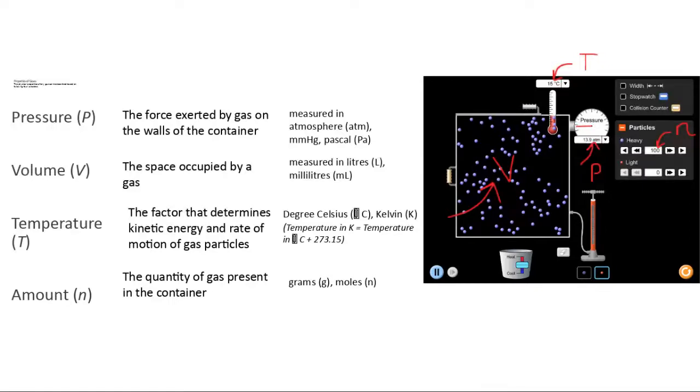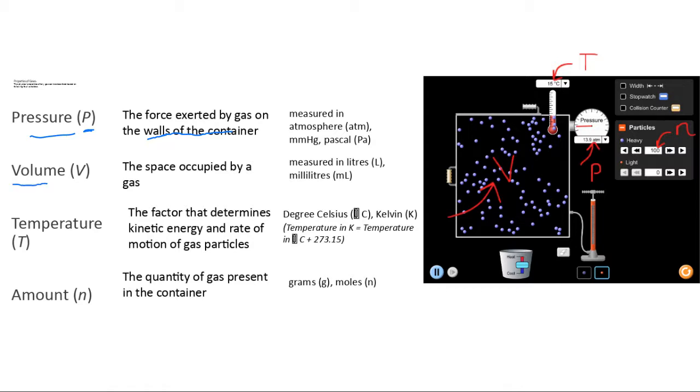When we are talking about gas, we concentrate on 4 parameters. The first one is the pressure, which has the symbol P. The pressure is the force exerted by the gas on the walls of the container. When the gas is moving fast, the gas molecules collide with the walls, and that causes the pressure.